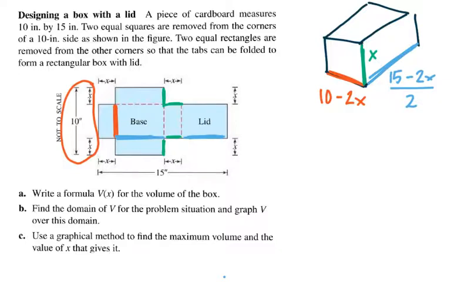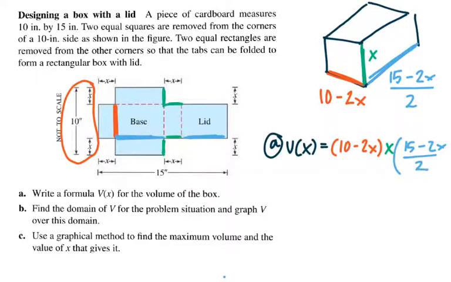But in this case, our rectangular box, notice that my length, width, and height all have the same variable x. So for part A, the volume of my box, V of x, well, that's going to equal the length times the width times the height. So I've got 10 minus 2x times x times 15 minus 2x over 2.